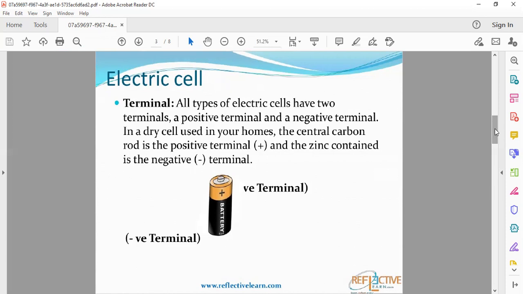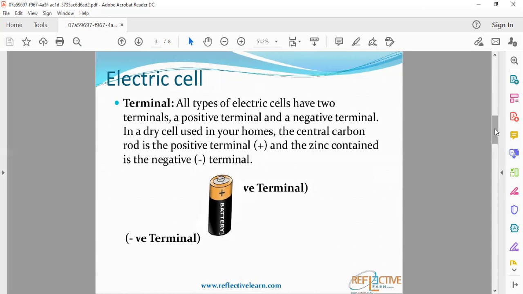How many terminals are there? All types of electric cells have two terminals, a positive terminal and a negative terminal.